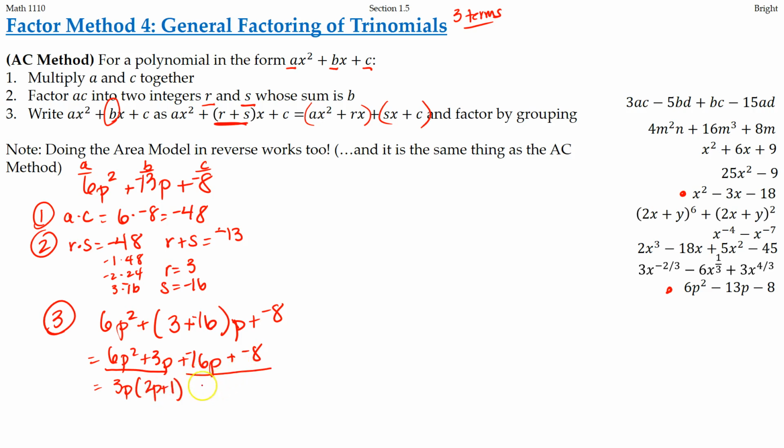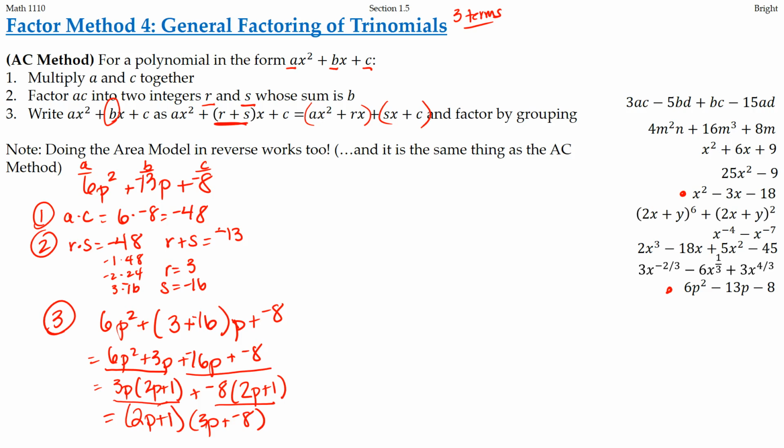The second chunk, take out a negative 8, and I'm left with 2p plus 1. Finally, factor out the 2p plus 1 from both chunks, and I'm left with 3p plus negative 8. And I'm done.